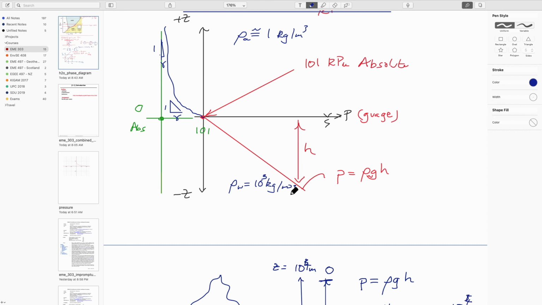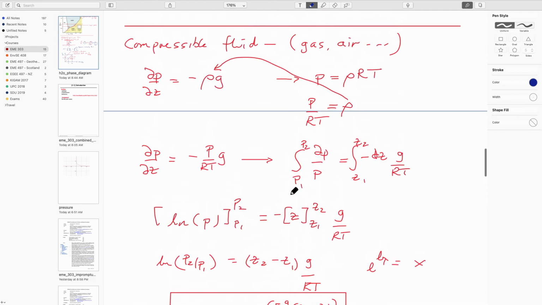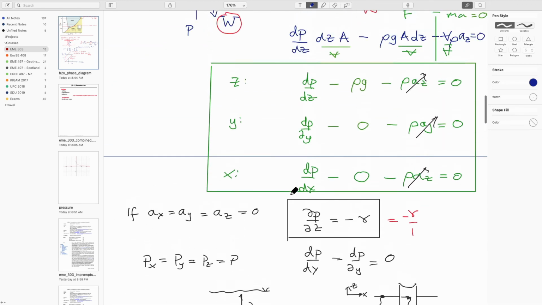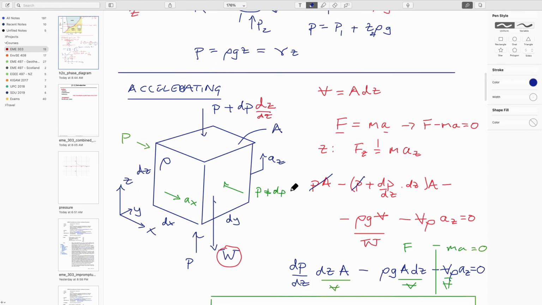Go back to your fluid stacks with the box. The buckets? Or the differential cube or the buckets? Yeah, this box right here. And right below, like in the red on the right hand side, you have a negative dp over dz times... No, that's the problem between P's and rho's.